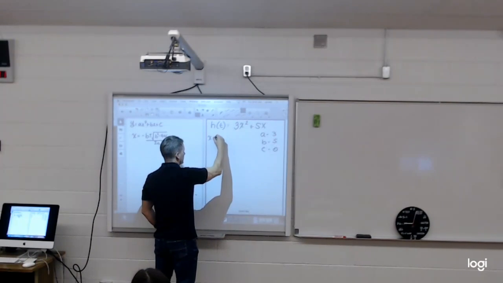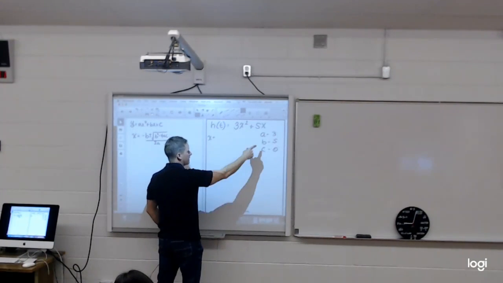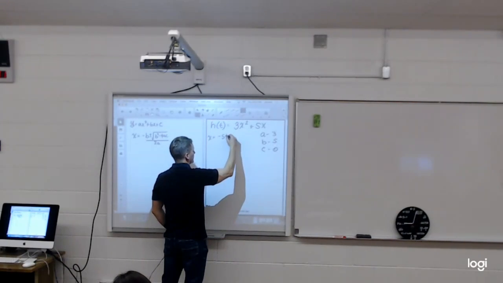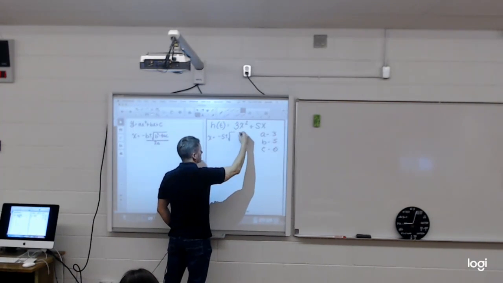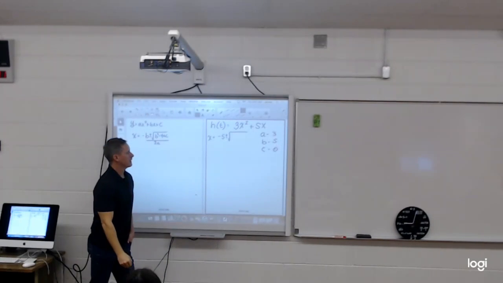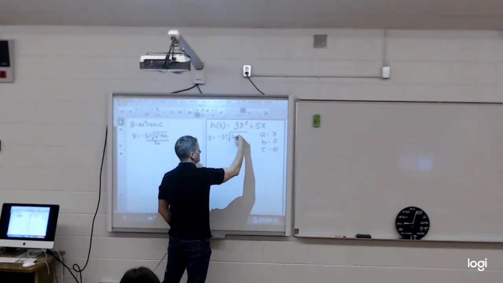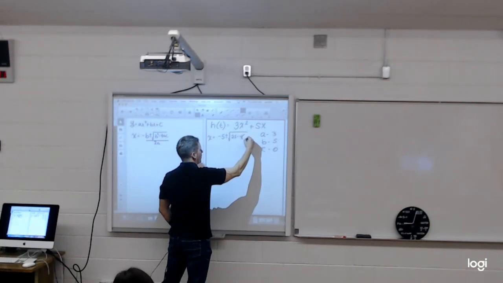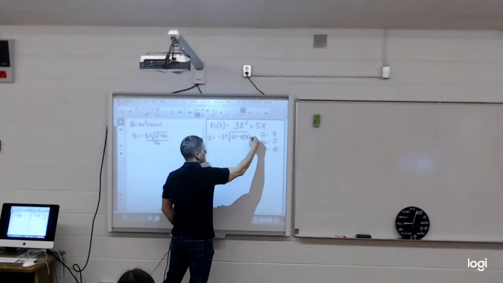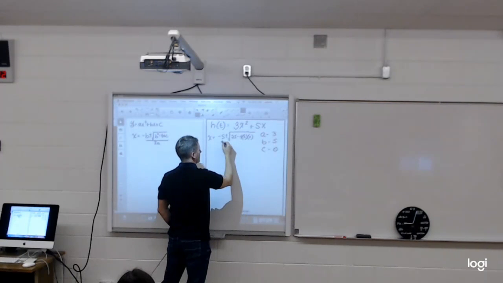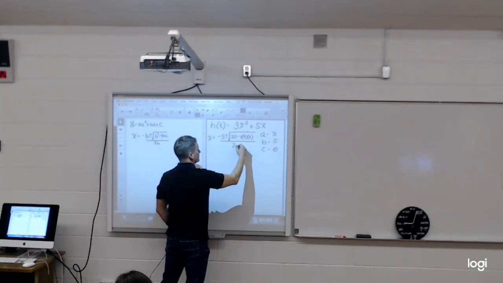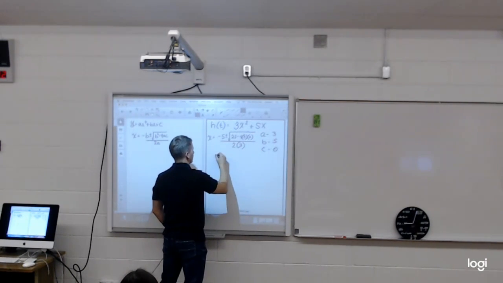So I've got x equals minus b, so that's minus 5, plus minus the square root of b squared, so 5 squared, which is 25, minus 4 times 3 times 0, all over 2 times 3 equals.